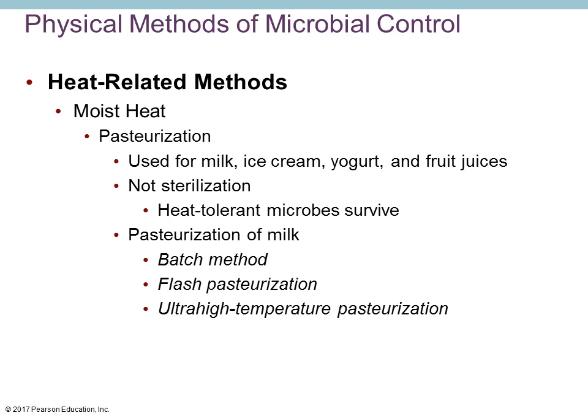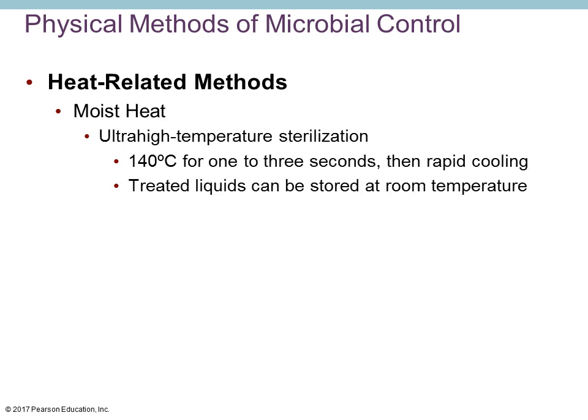For pasteurization of milk, there are different methods: batch, flash, and ultra-high temperature. Ultra-high temperature is where you increase the temperature to 140 degrees Celsius for 1 to 3 seconds, and then you rapidly cool it.